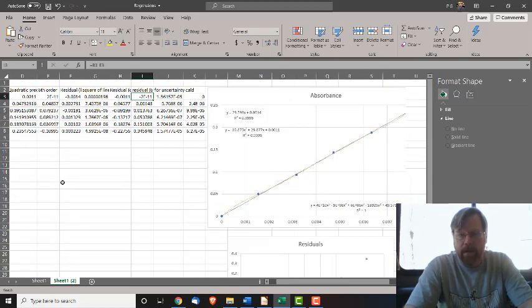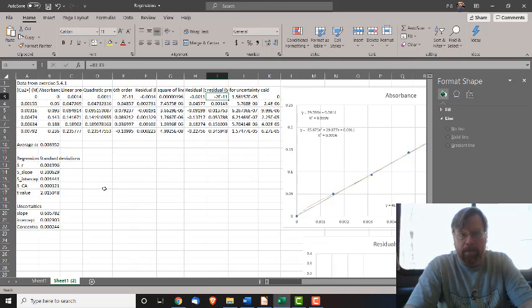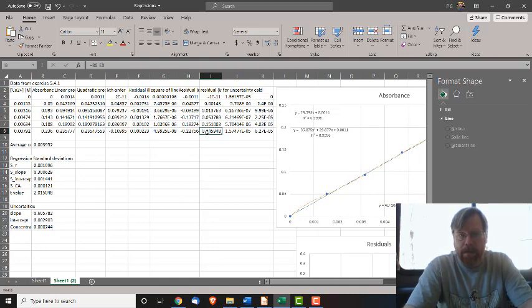One of the other things I've noticed, you'll note that r squared is 1, and the line looks like it's going directly through each point. But you'll note in the residuals that that is quite a bit larger there at the last point than anything else.